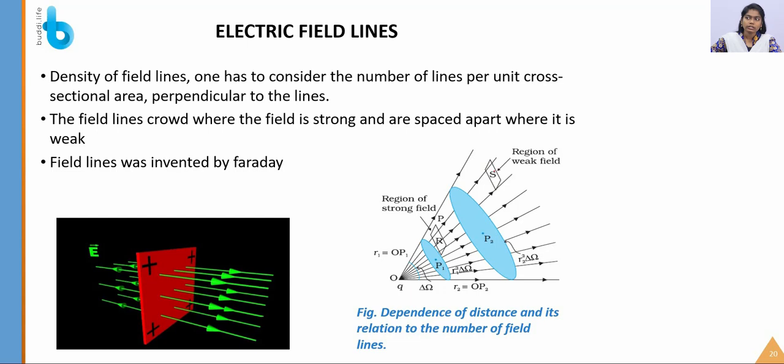Let's calculate. In this area, only one or two field lines are passing through, right? So it represents a weaker field region. And here you are seeing more lines, three to four lines, crossing through the given area. So it implies a region of stronger field.